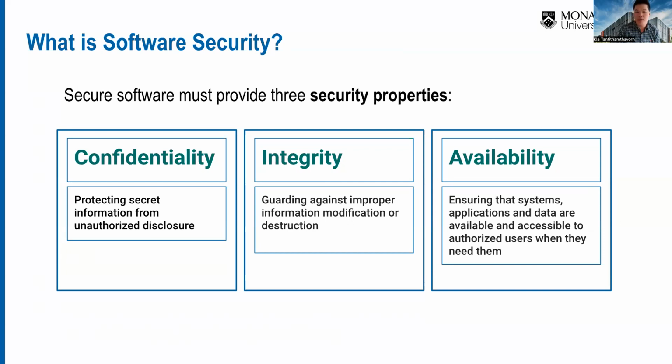Confidentiality means that if you store a password, you don't want someone to steal that username and password. For integrity, we talk about data encryption: how can we ensure that the data can be accessed only by certain people? And data availability means that if the system gets a DDoS attack, a denial of service, like suddenly you get a thousand million requests at the same time, the system fails and is not available anymore.